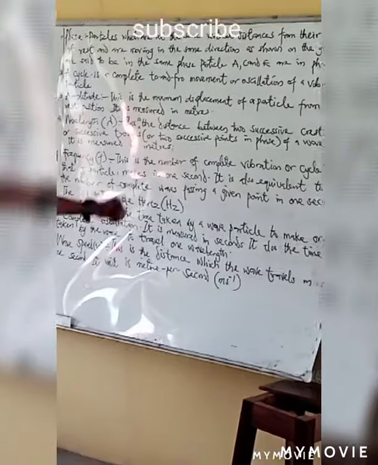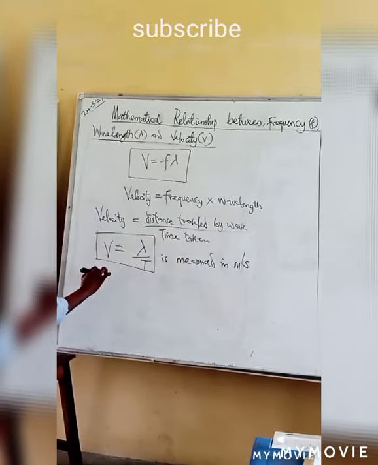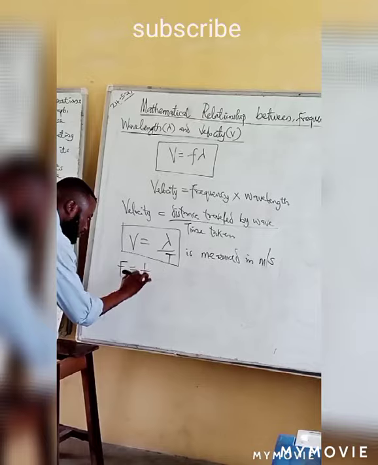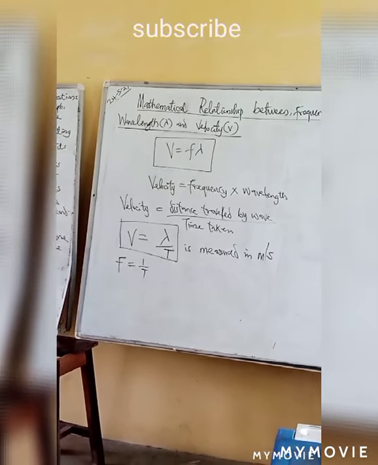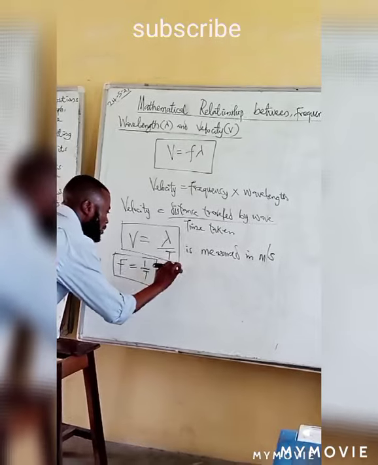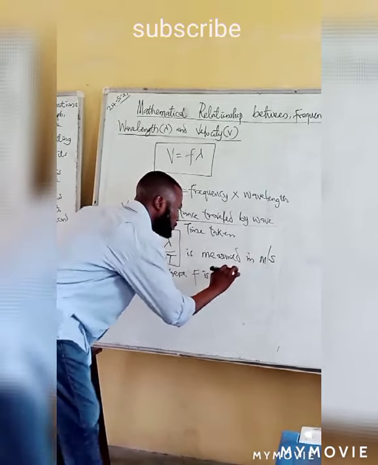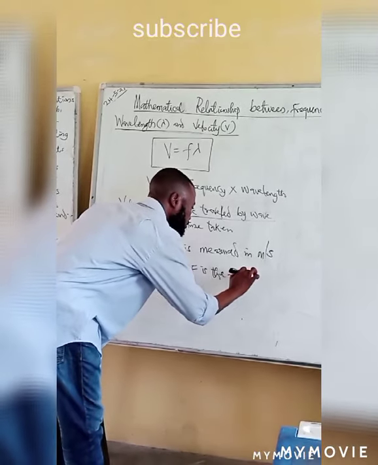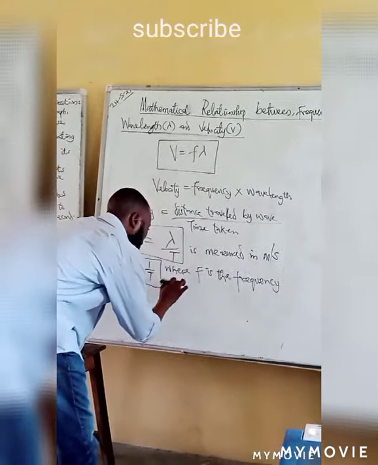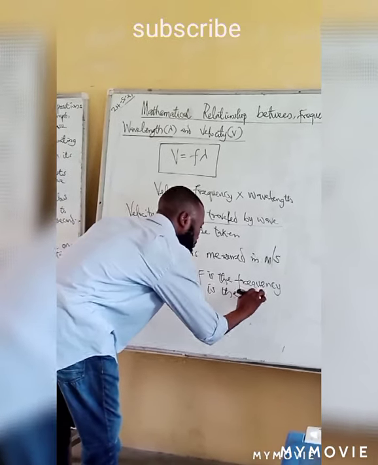And this is it: the frequency F will be equal to 1 all over T, where F is the frequency and T is the time taken.